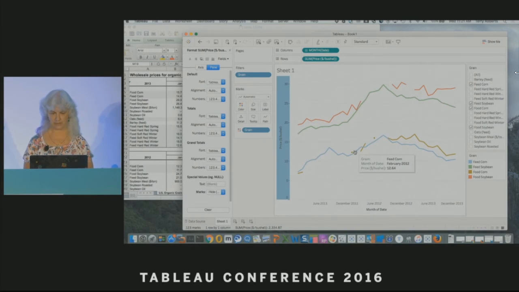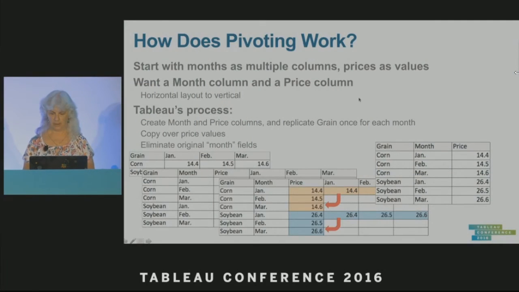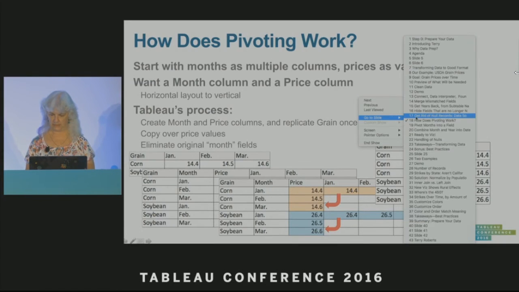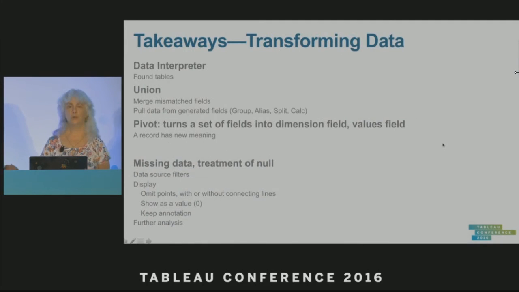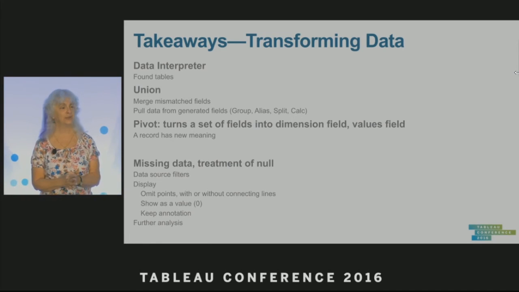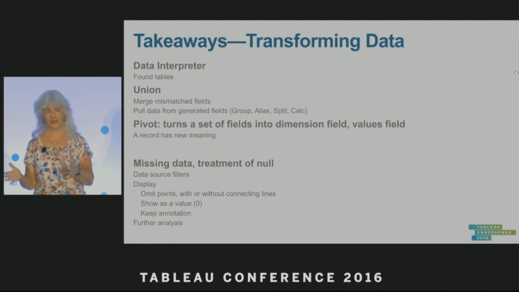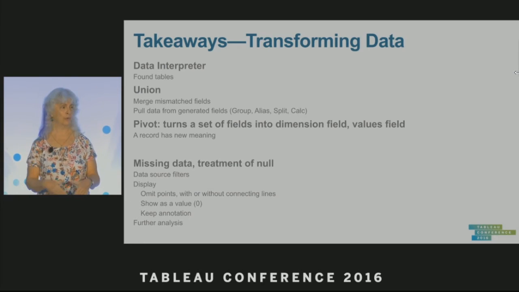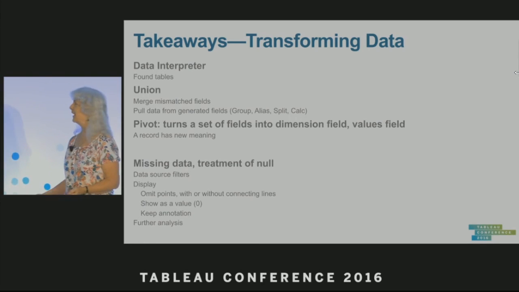I want to switch back to PowerPoint and go to a takeaways slide. So what we covered here was several different tools for improving data that started out in a format that really was not good for a data processing tool like Tableau.